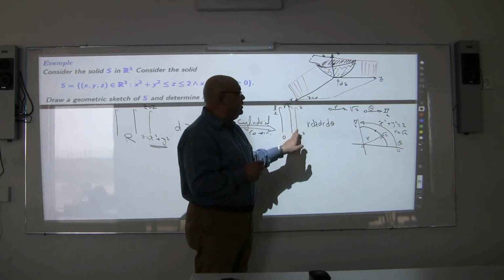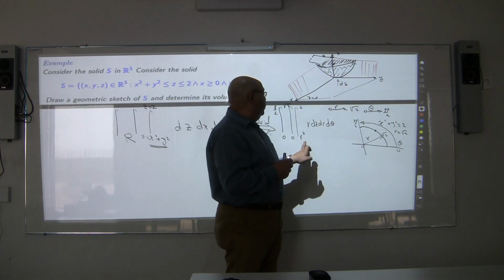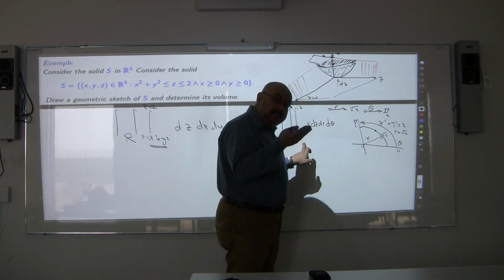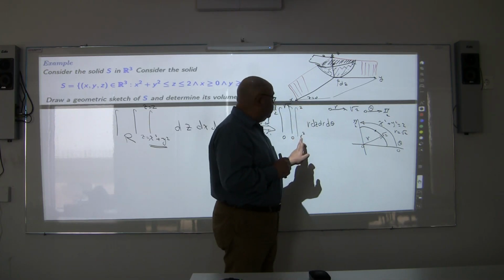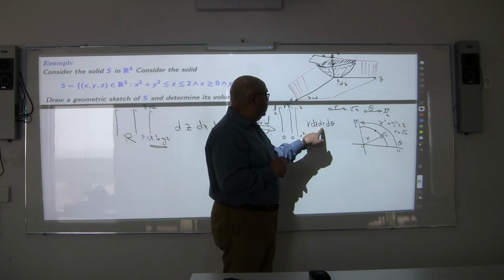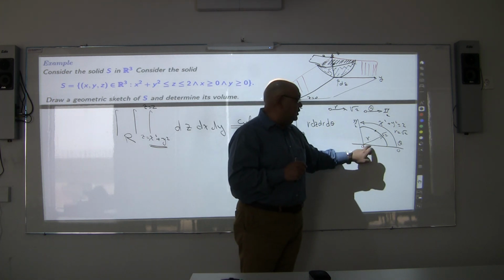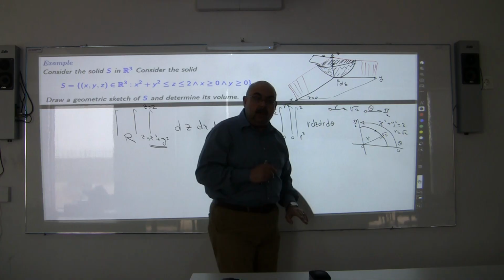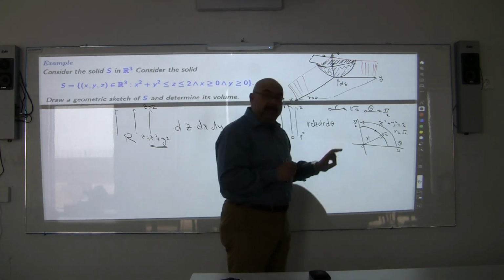In the direction of z, I'm moving from r squared up to z equals 2. For the dr direction, r goes from 0 to √2, and theta runs from 0 to pi over 2.